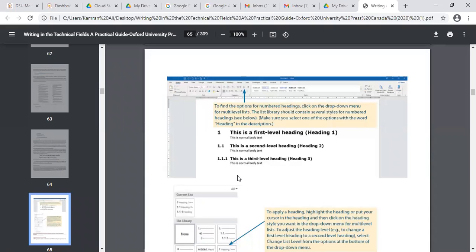And let's suppose we have another first level heading, then we can number it 2, and then for the second level heading 2.1, and for the third 2.1.1, right?